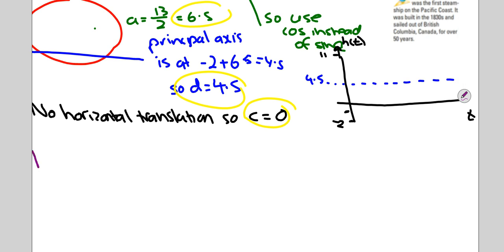There are 60 seconds in a minute, divided by 30, because it spins 30 times in 60 seconds. So the period is 2 seconds.